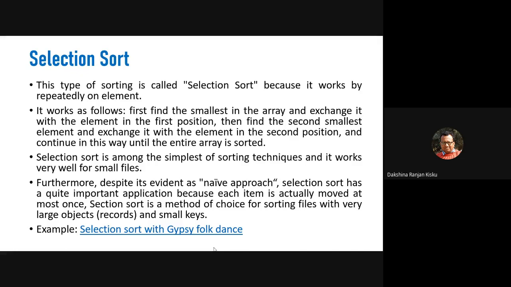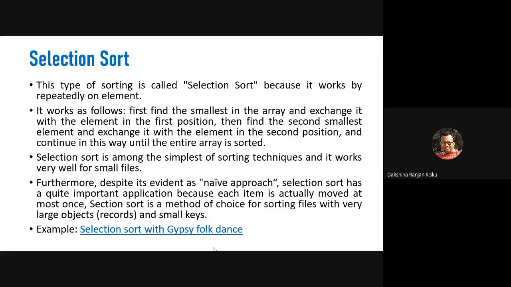Then we find the second smallest element and exchange it with the element in the second position. We will continue this way until the entire array is sorted. So this is the idea behind the selection sort.